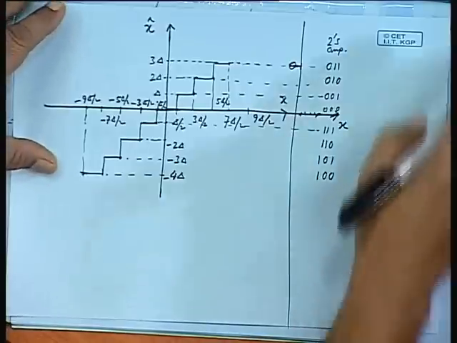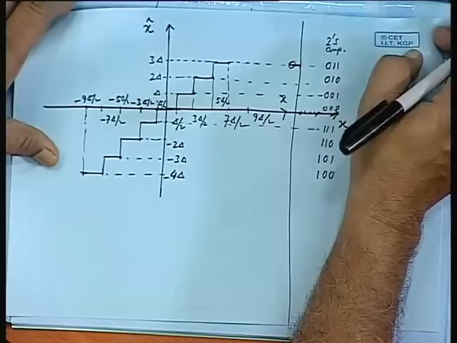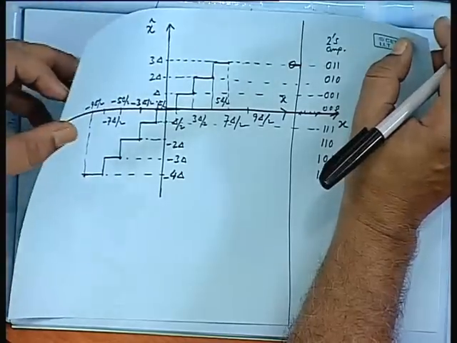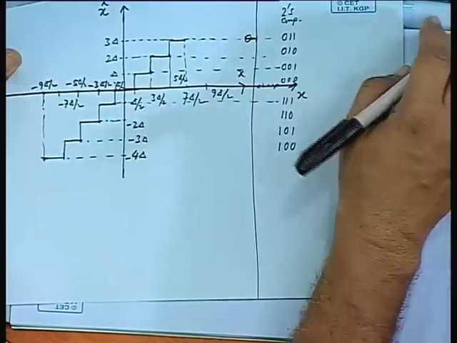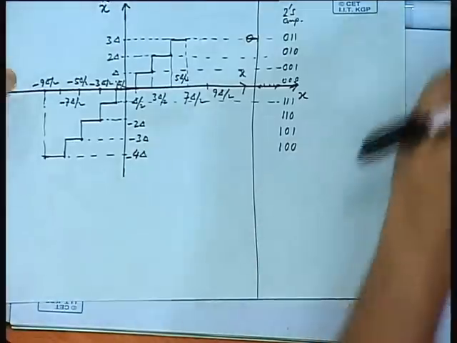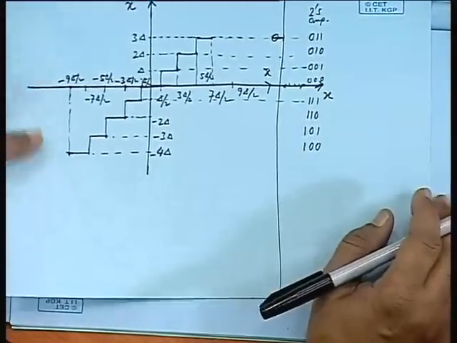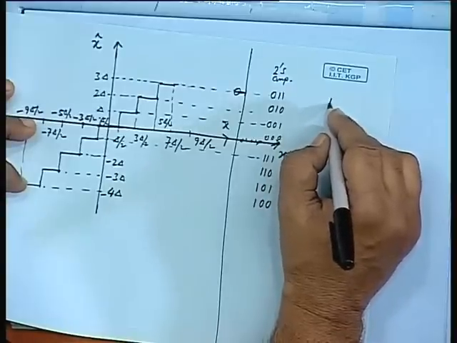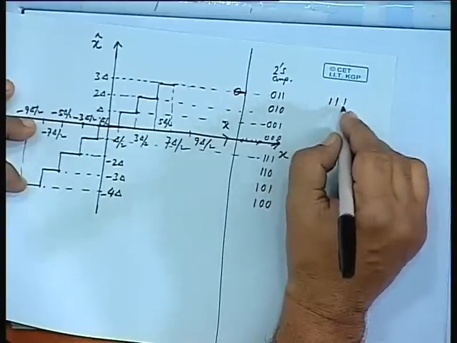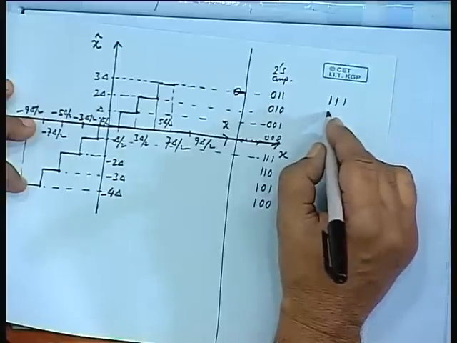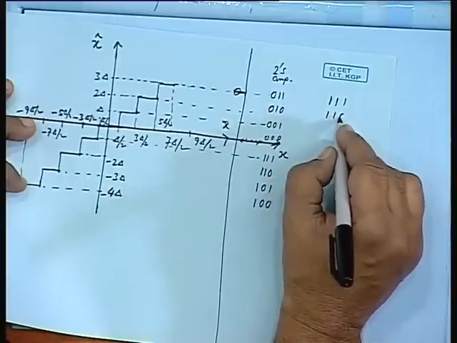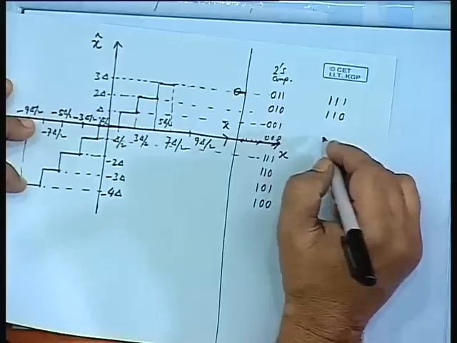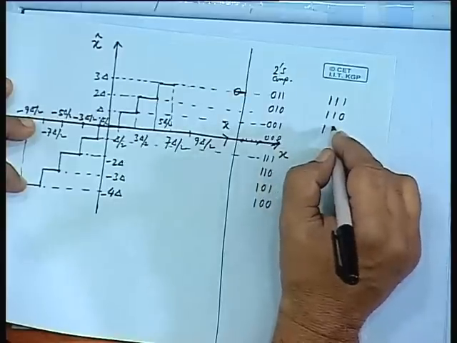All right. If you take offset code, this will be just one less. On this side will be 111, 110, 101.